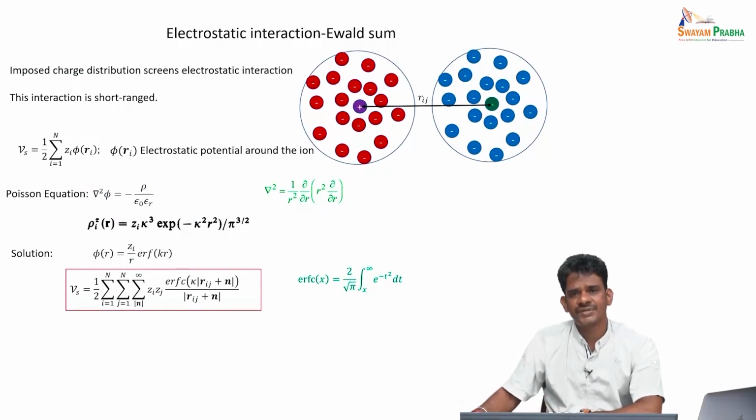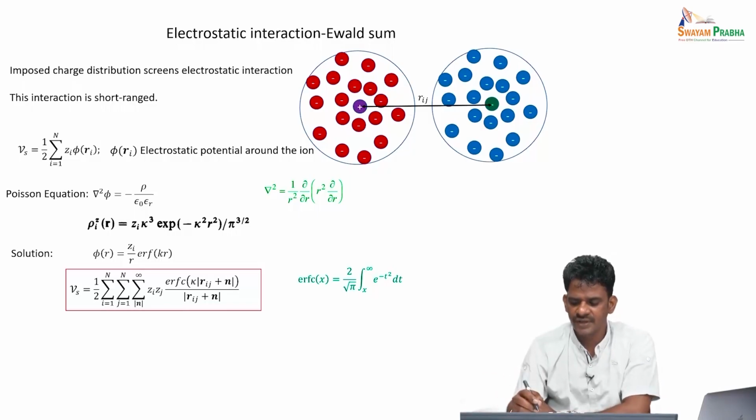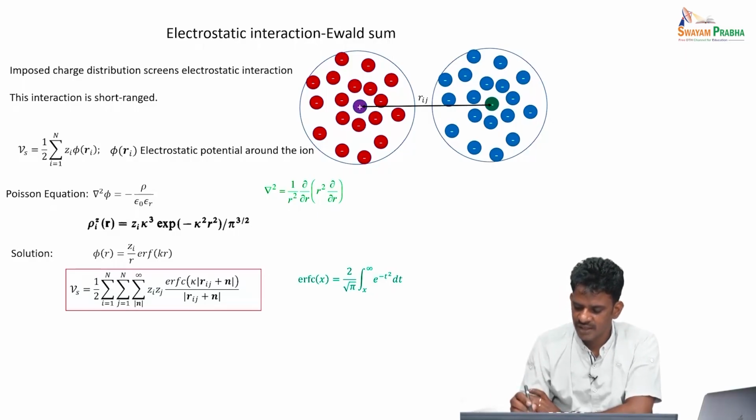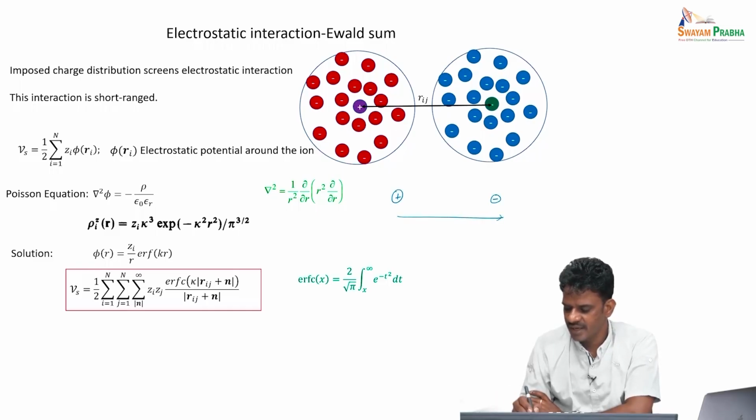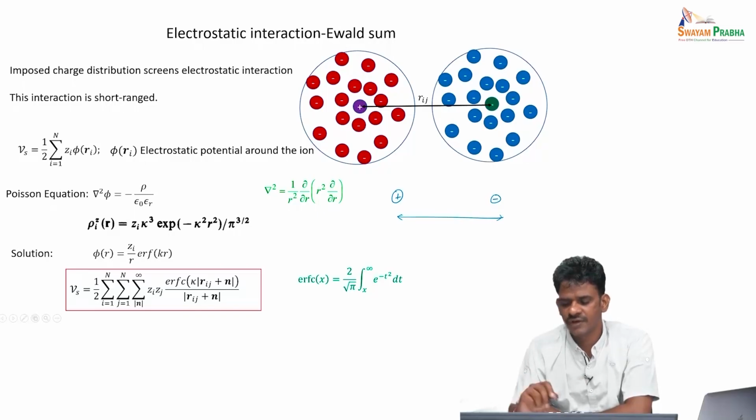So what is the consequence of this? The consequence of having an imposed charge distribution around each ion is that it basically screens the electrostatic interaction between two ions. That means, compared to this particular situation where the ions are separated by a distance Ri without any screening, in this new situation where we have imposed a counter ion distribution for each one of them, it would screen the electrostatic interaction between the positive charge and negative charge.